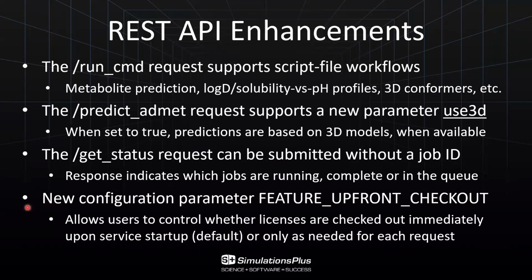And there's a new configuration parameter that allows users to control whether the licenses are checked out immediately when the service starts up, which is the default, or only as needed for each individual request. All of these and other enhancements are explained in the separate REST API user manual.